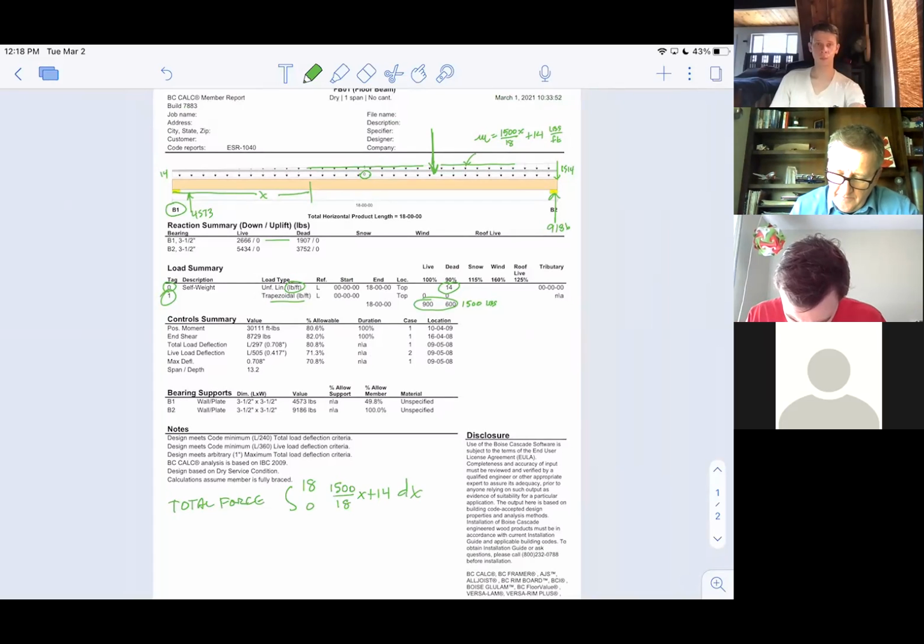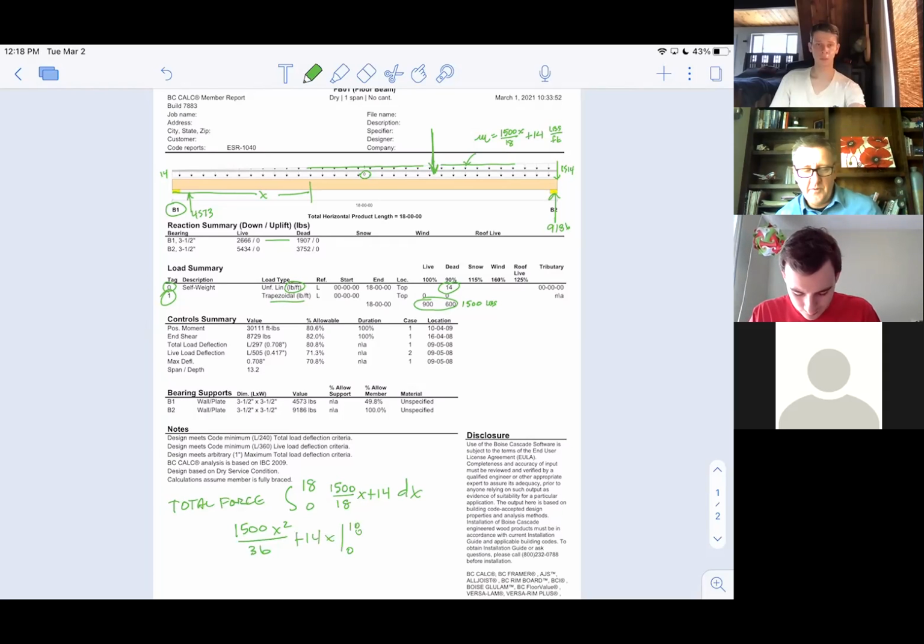So that would be 1500x squared over 2 times 18 plus 14 times x, and I can evaluate that at 18 and at 0. Unfortunately, when I put 0 in, it's just 0.